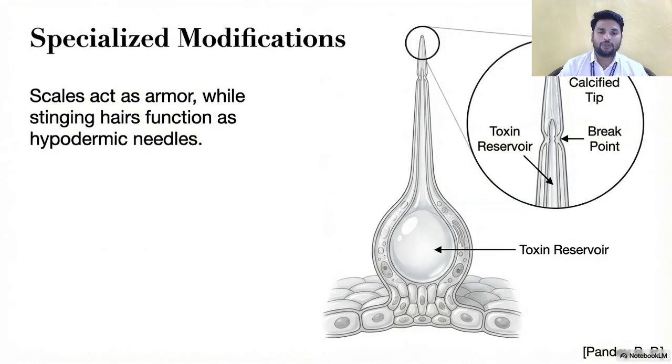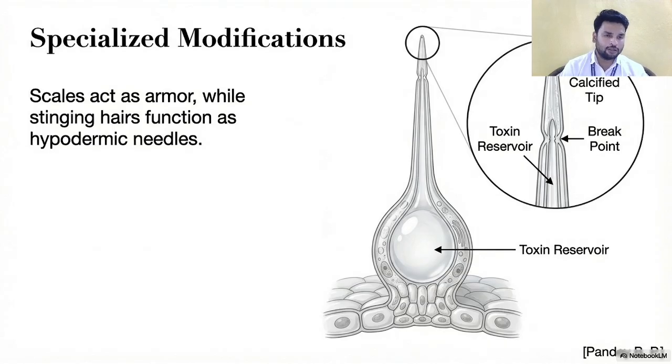Specialized modification. Some plants have a specialized modification that is known as a scale, which acts as armor, while stinging hairs function like hypodermic needles. Okay, they are known as scales. They have a toxic reservoir.